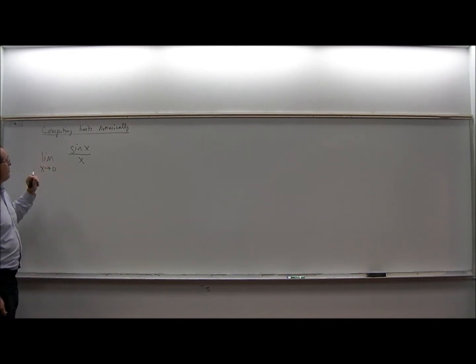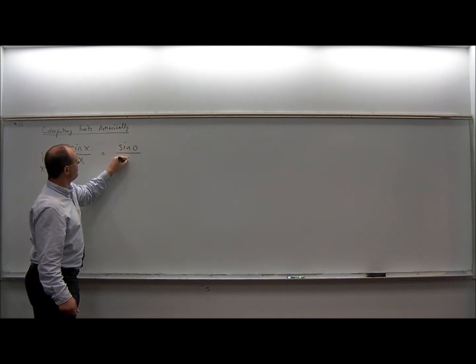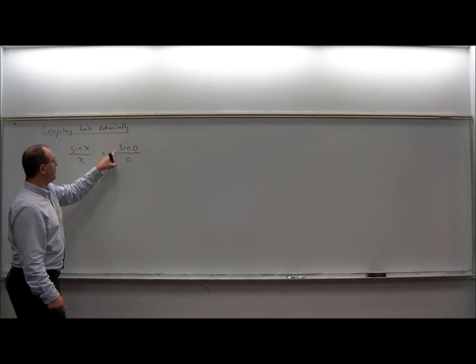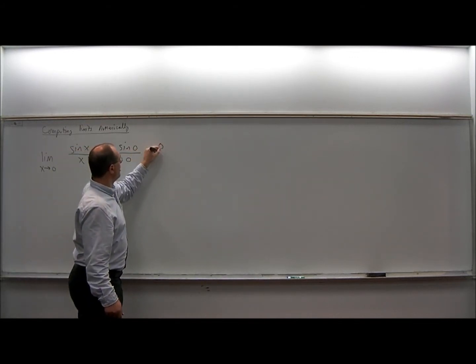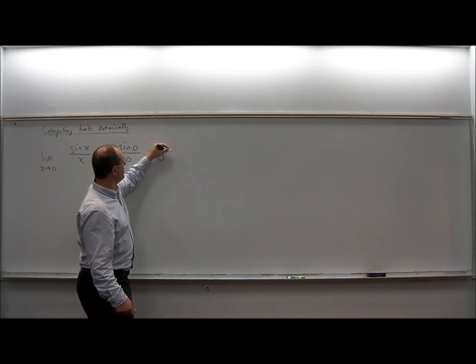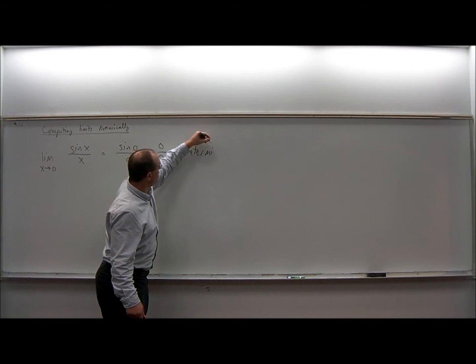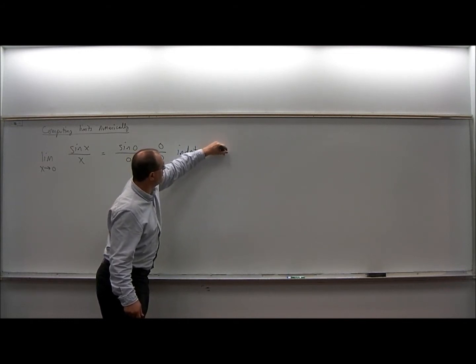Before we try to compute limits using any special technique, let's simply plug in 0 for x. We would get the sine of 0 divided by 0, and the sine of 0 is 0, so we get 0 over 0, which is an indeterminate form.